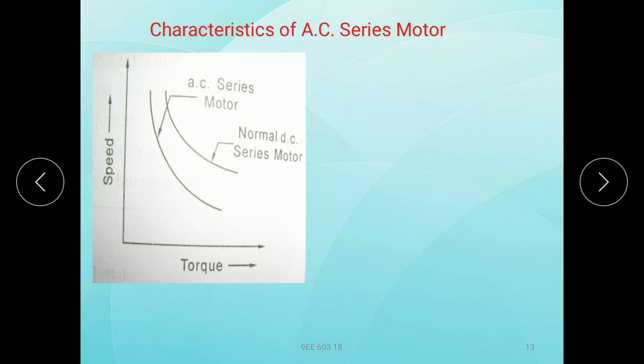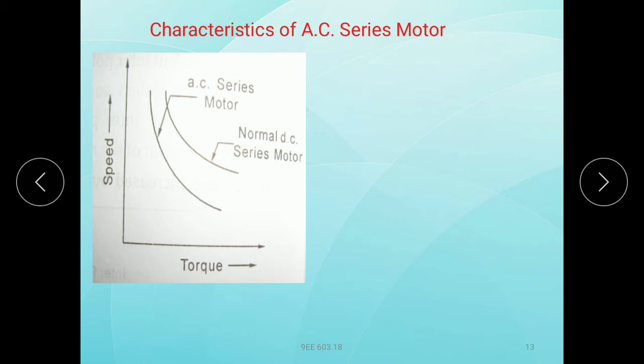Here compare the torque speed characteristics of the DC series motor and the AC series motor. The speed is the same, but the torque is somewhat higher in the DC series motor. At this point the speed is the same, but the torque is somewhat more as compared with this series motor.